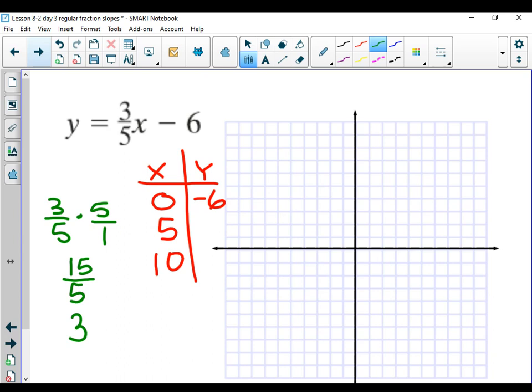She multiplied the top, got 15. She multiplied the bottom, got 5. 15 divided by 5 is 3. I still have to subtract my 6. 3 minus 6, negative 3. You got it, sir.